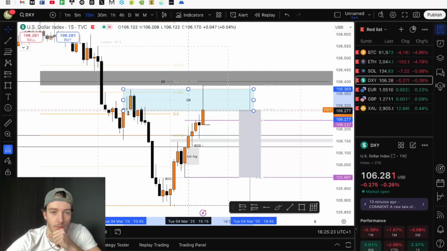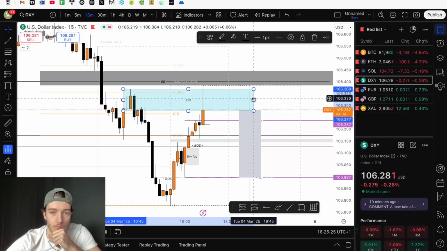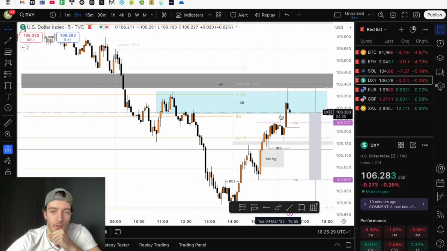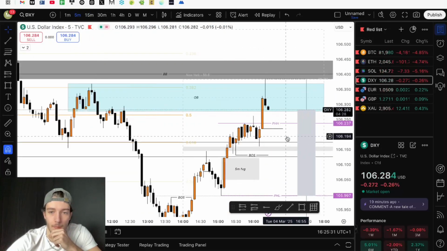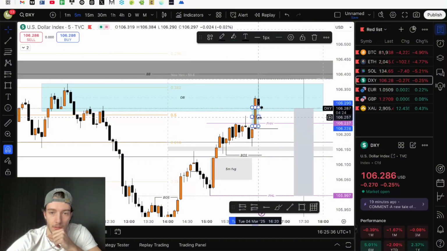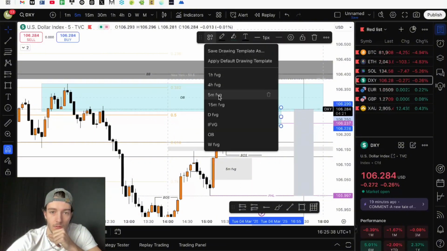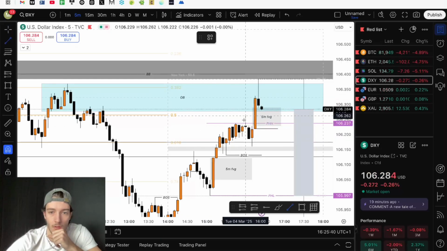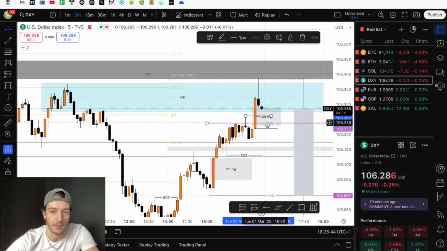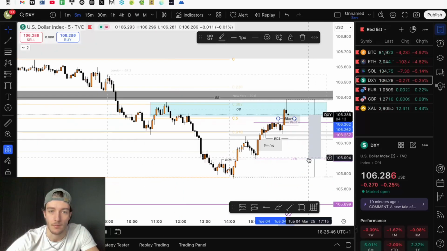Actually, it's right here. So there is still a little potential, but it really depends how this 5-minute fair gap with this breaker is gonna do. It might as well just stop into here and move higher.